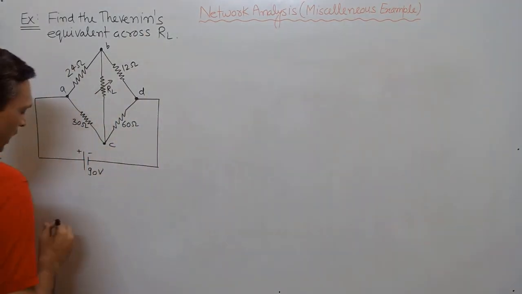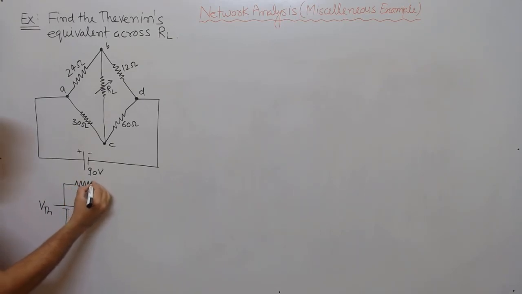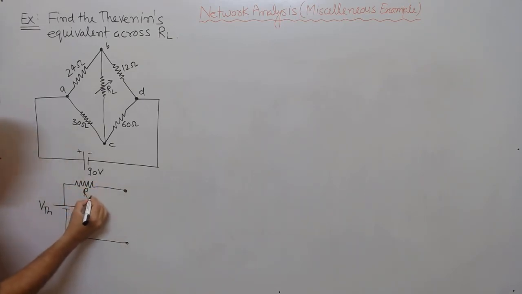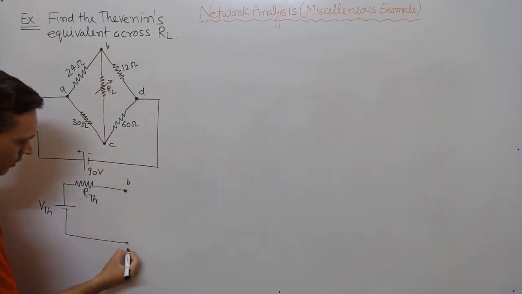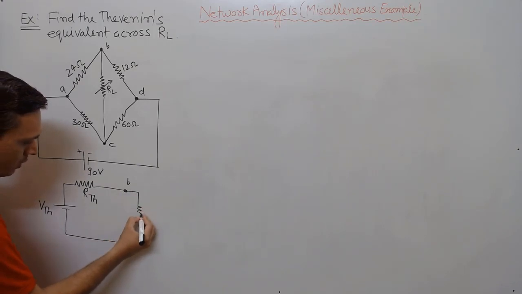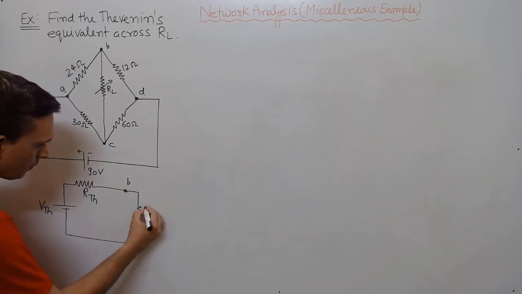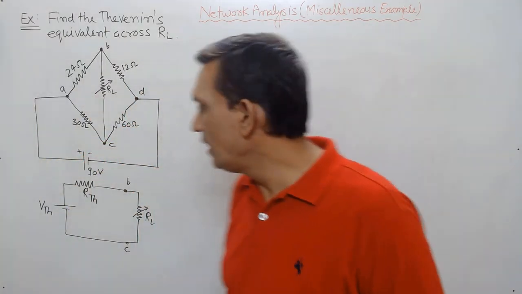In Thevenin's equivalent, we have a voltage source VTH and you have a resistance RTH. This will be RTH, and across B and C this load resistance is connected.